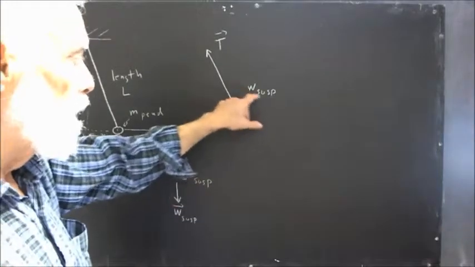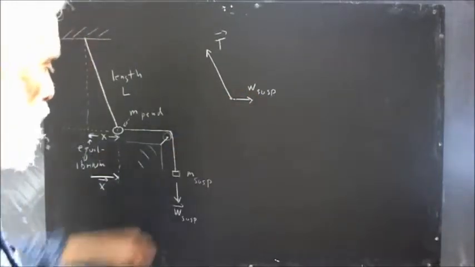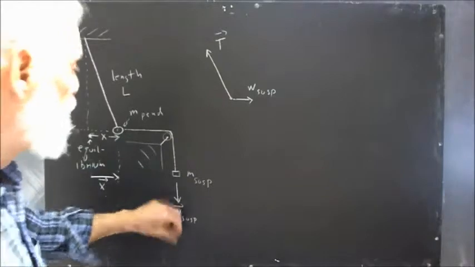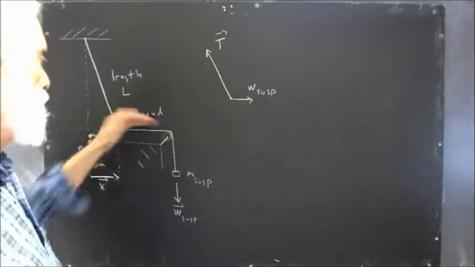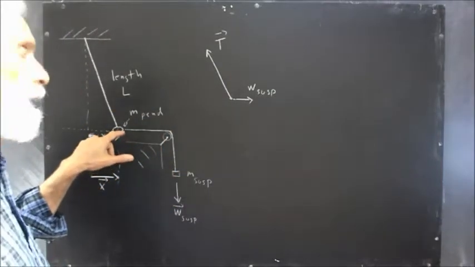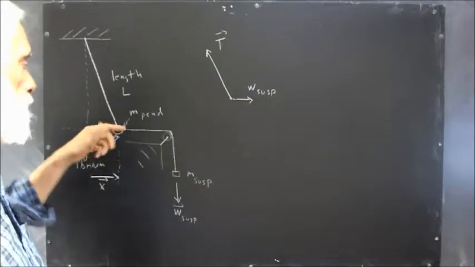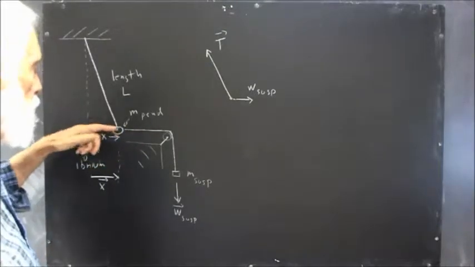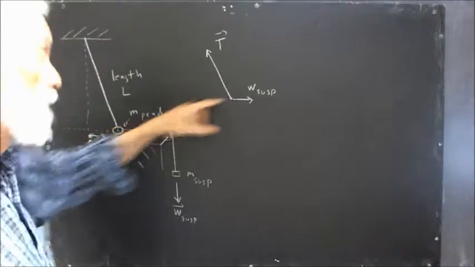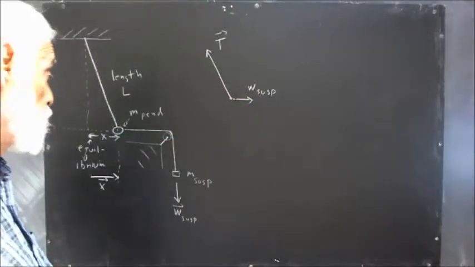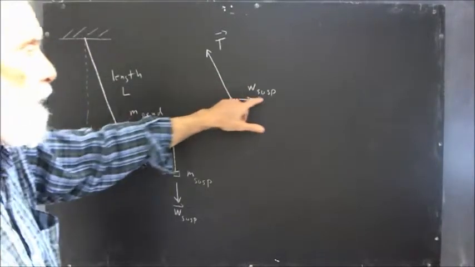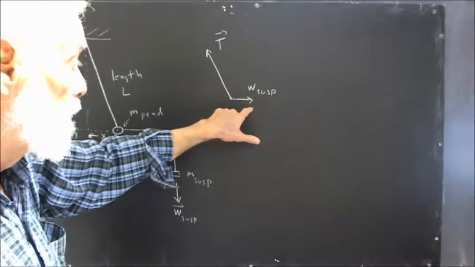I didn't put an arrow over the suspended weight because that weight force is straight down, but because of the pulley and so forth, the magnitude of the tension force is equal to the suspended weight, and this only indicates the magnitude of this force.